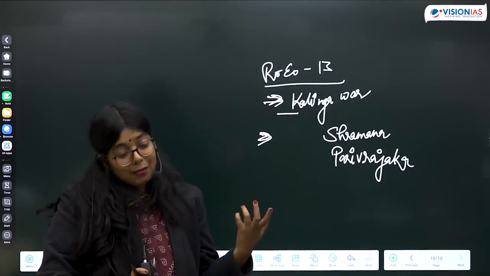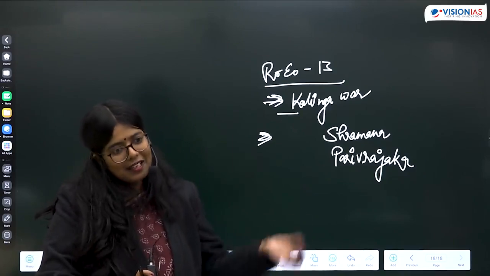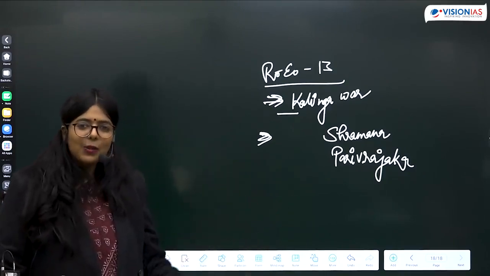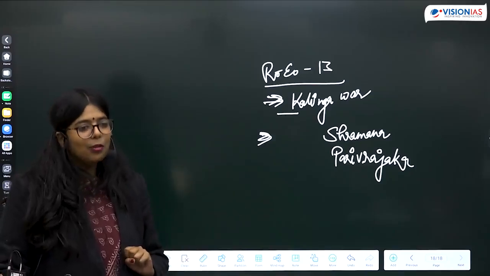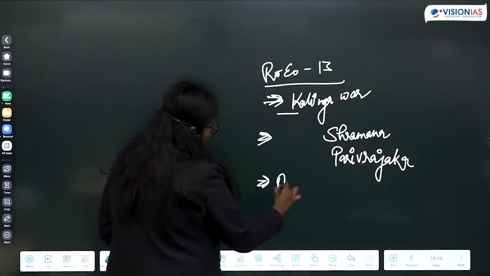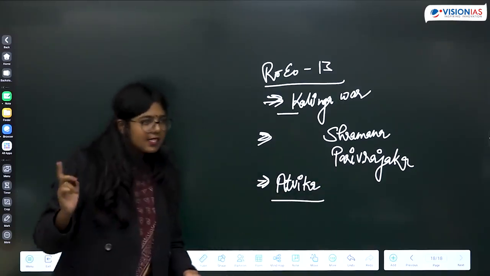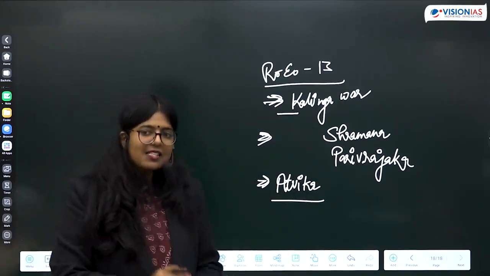After that, I don't know, or we don't know in general what was going on in his mind, but he might have thought that he is being a bit too lenient. So what he does, he threatens the Atavikas. Who are Atavikas? Forest dwellers, forest tribes.